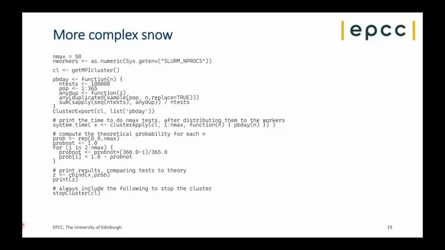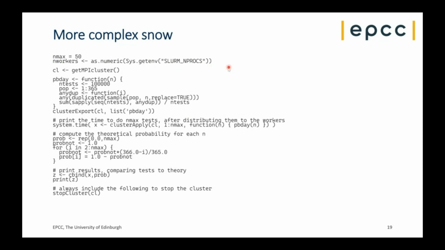So, this is a little bit more of a complex Snow example of how we could write some parallel code in R. And we're doing a couple of things going on here. First thing we're doing is we're not manually specifying how many workers we want to use.